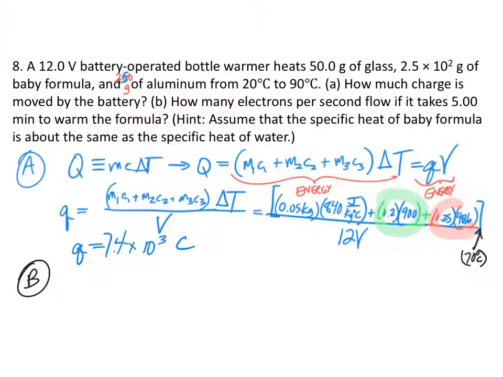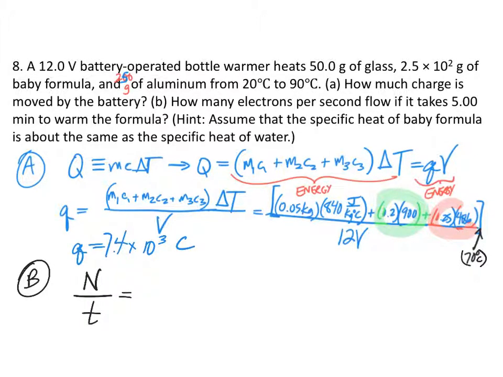Part B, how many electrons per second flow if it takes 5 minutes to warm the formula? Okay. So if N is the number of electrons per unit time, then T will be that time.